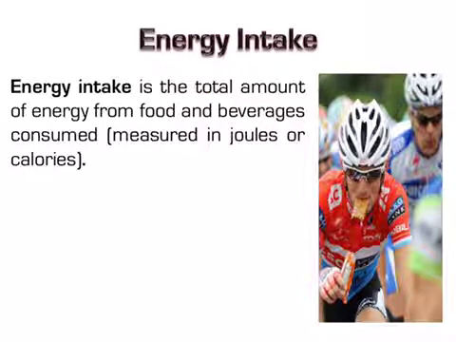Again, energy intake, something that should be pretty obvious, is the total amount of energy from food and beverages that are consumed, and this is measured in joules or calories.